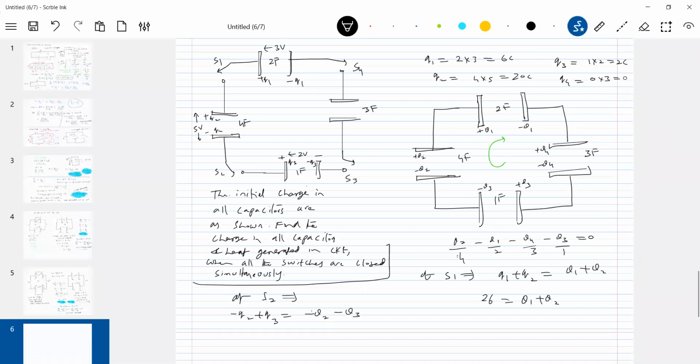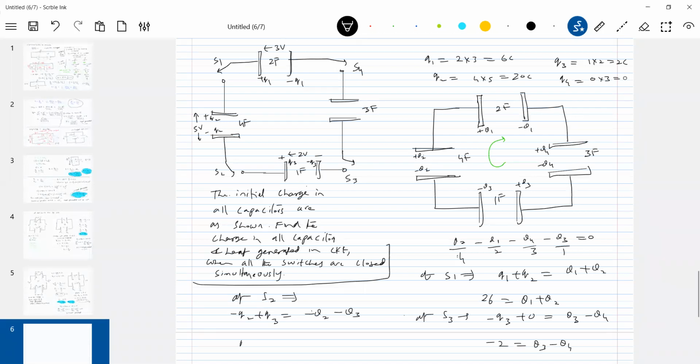Then similarly, at S3. S3 is this one, no? Here this switch. Minus Q3 plus 0 equal to Q3 minus Q4. Q3 value how much? 2. So minus 2 is equal to minus Q2 plus Q3.